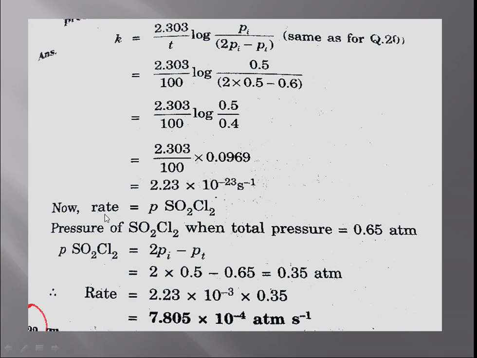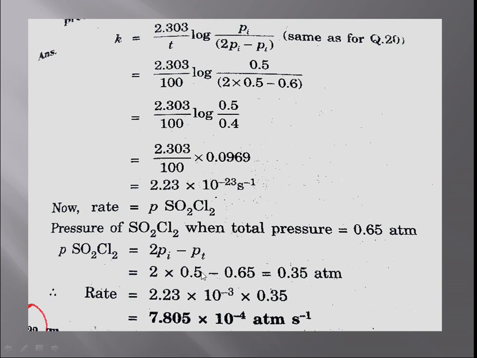Now we have to calculate the rate. This is a first order reaction, so the rate in terms of pressure will be the partial pressure of SO2Cl2. To calculate the partial pressure of SO2Cl2, we have the formula 2Pi minus Pt. At this stage, Pt we have to consider 0.65 atm.